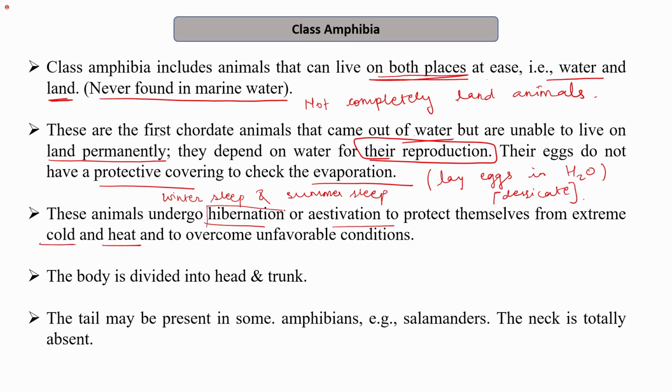So to protect themselves from extreme cold, some animals go for hibernation, and to protect themselves from extreme heat they go for estivation. The body is divided into head and trunk. The tail may be present in some amphibians, for example in salamanders. The neck is totally absent.